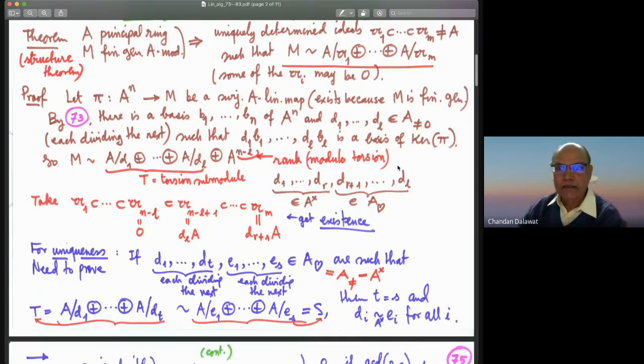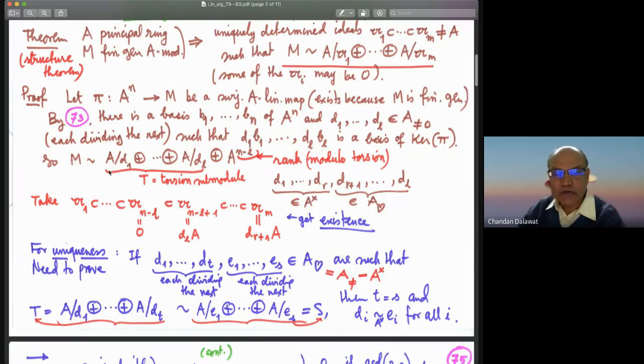Okay, so now that I know what the kernel of pi looks like, and I have this surjective map, M is going to be, of course, isomorphic to A to the n modulo the kernel. And as you can see, the kernel is generated by these things.